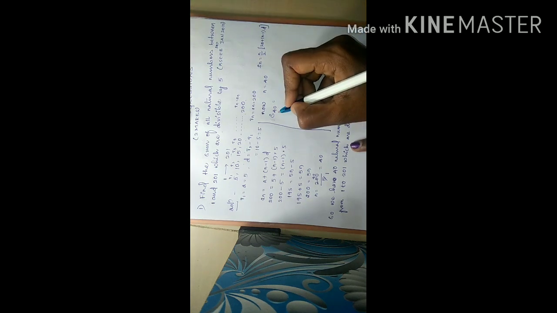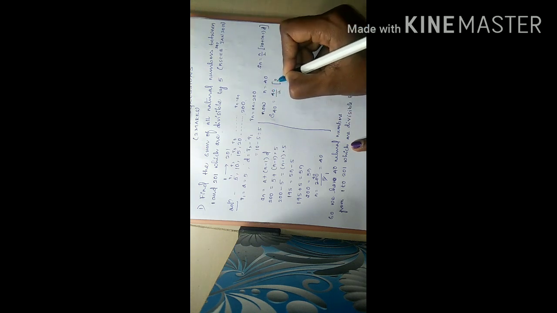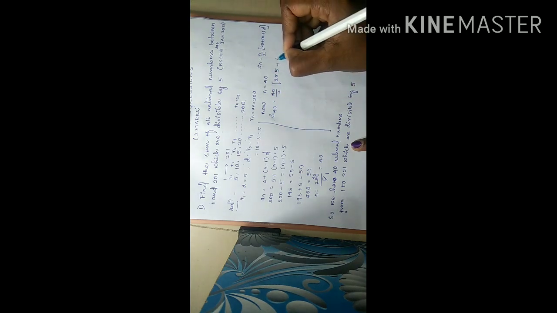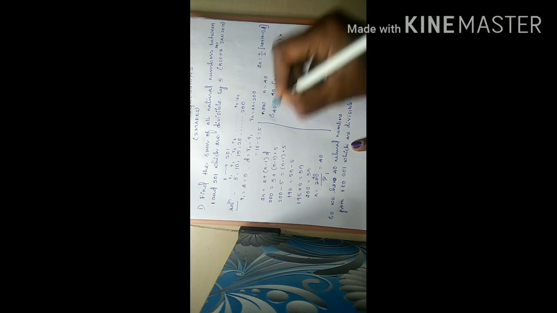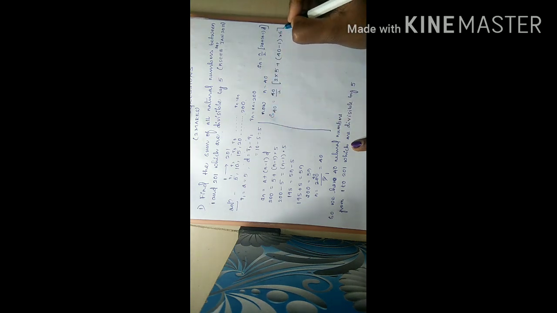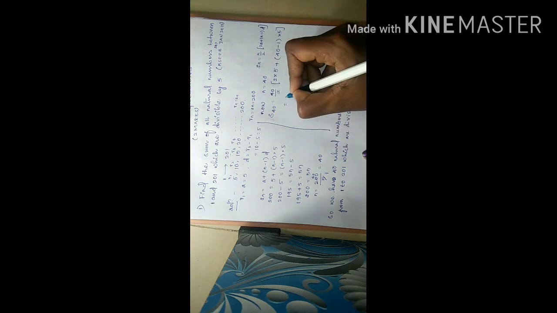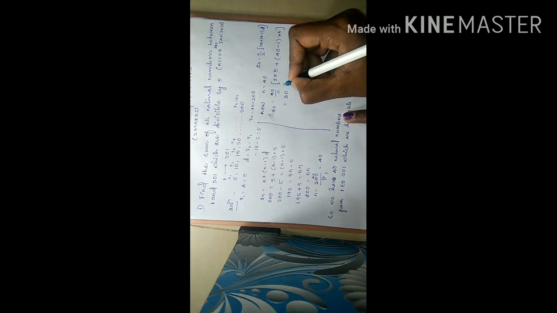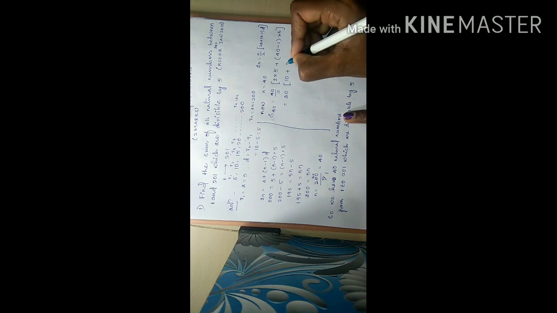So S40 is equal to n is 40 by 2, into 2 into a which is 5, plus n which is 40 minus 1 into d which is 5. 2 ones are 2, 20. 5 twos are 10 plus 40 minus 1 is 39 into 5.